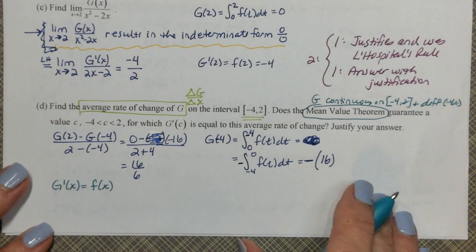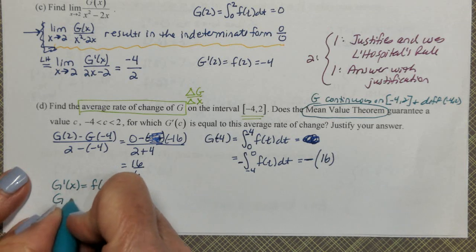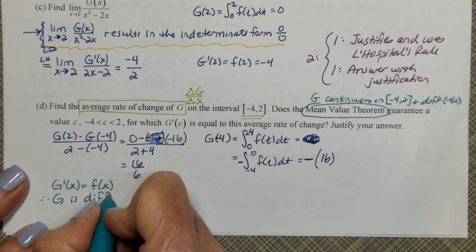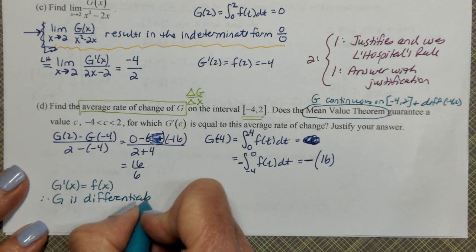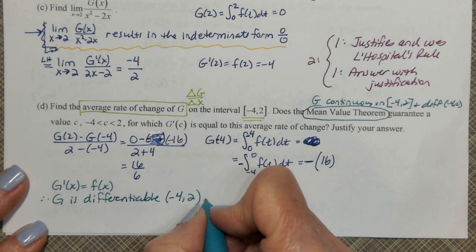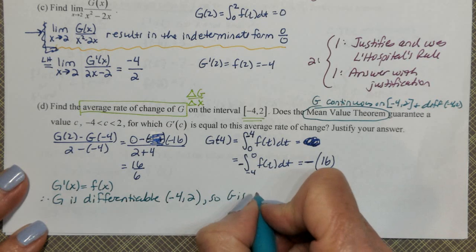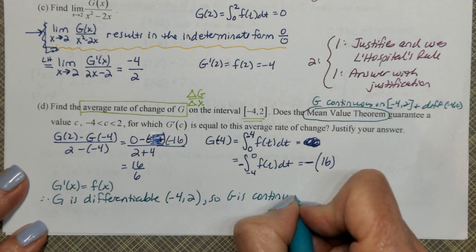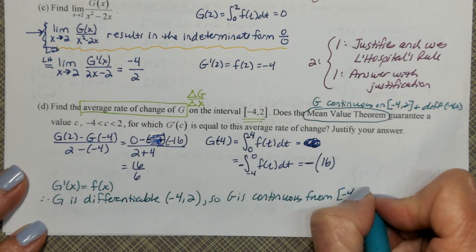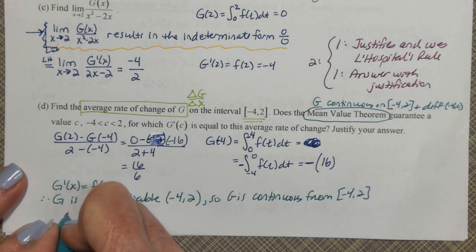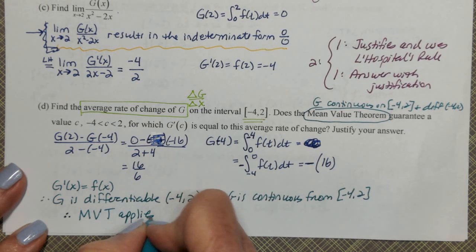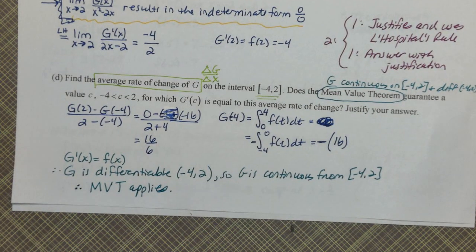Therefore, G must be differentiable from negative 4 to 2. So G is continuous also from negative 4 to 2. Therefore, the mean value theorem applies. And yes, it does guarantee that.